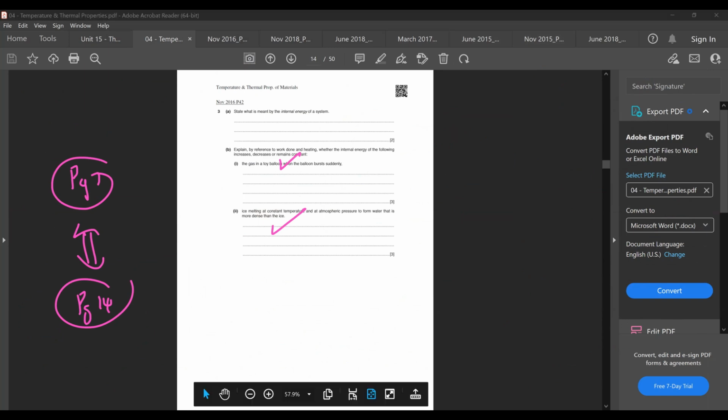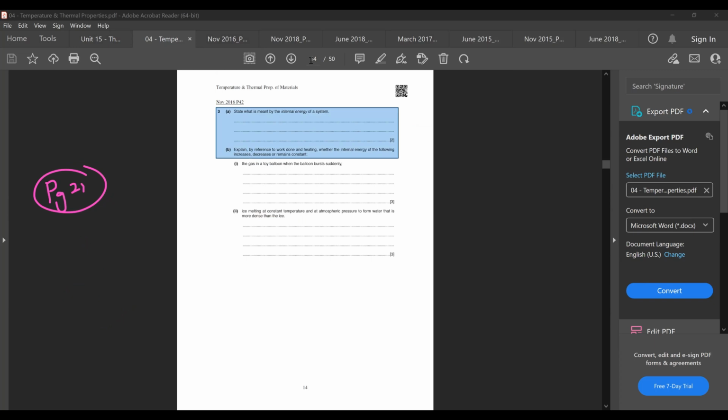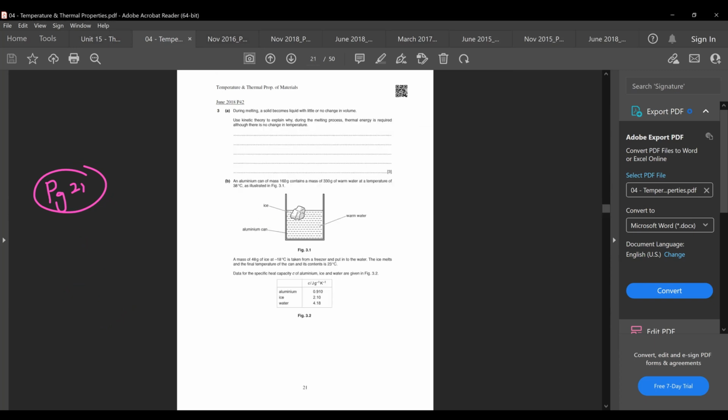Okay, next question that you can have a look at is actually page 21. Okay, so let me open it up for you. Right, so have a look at page 21. This is June 18 T42.